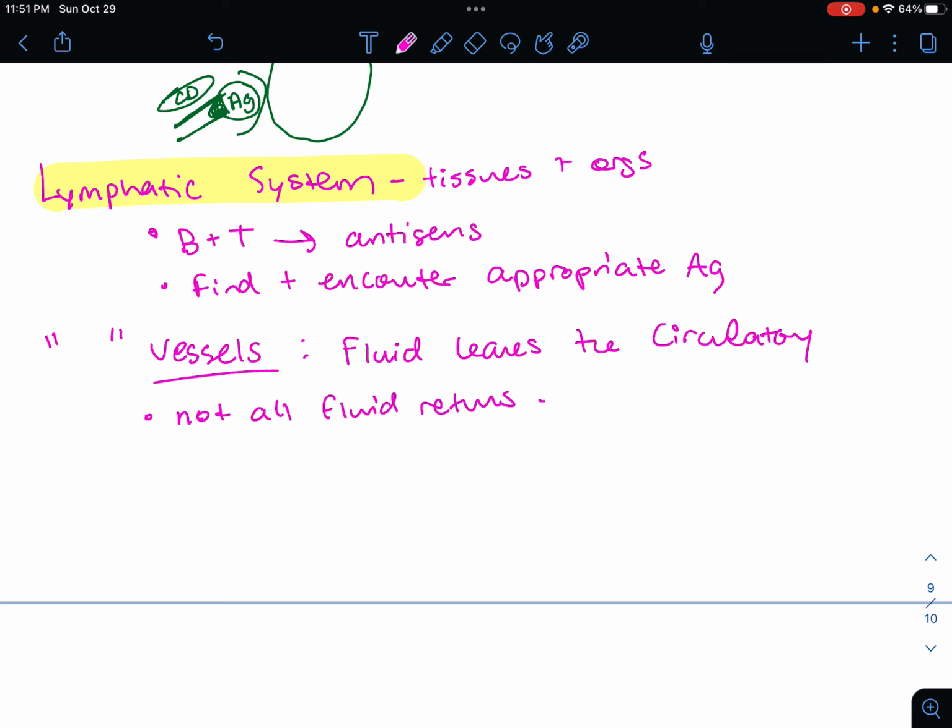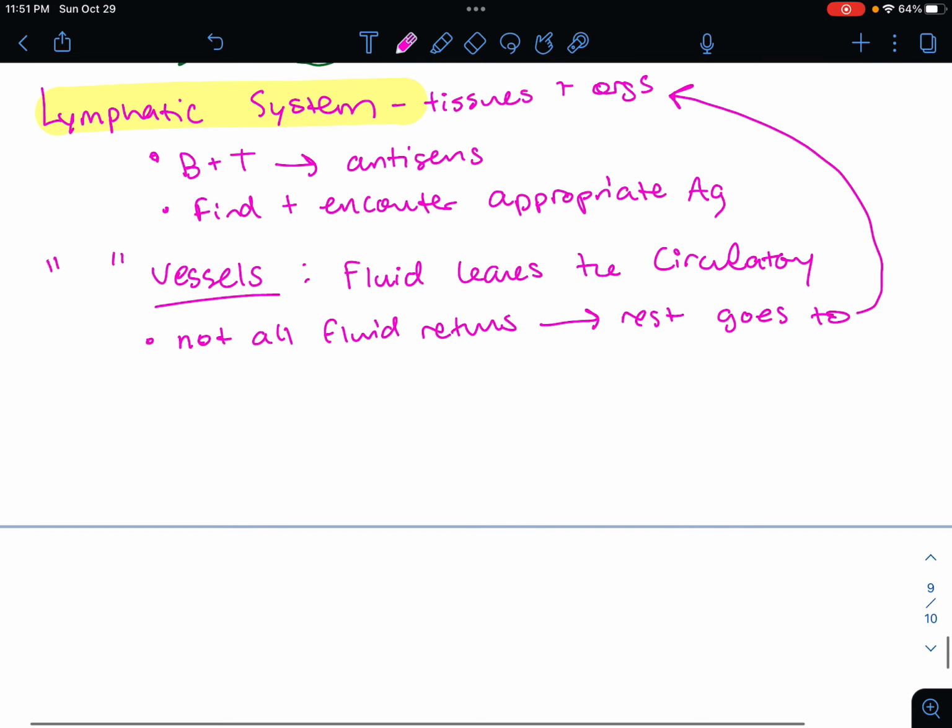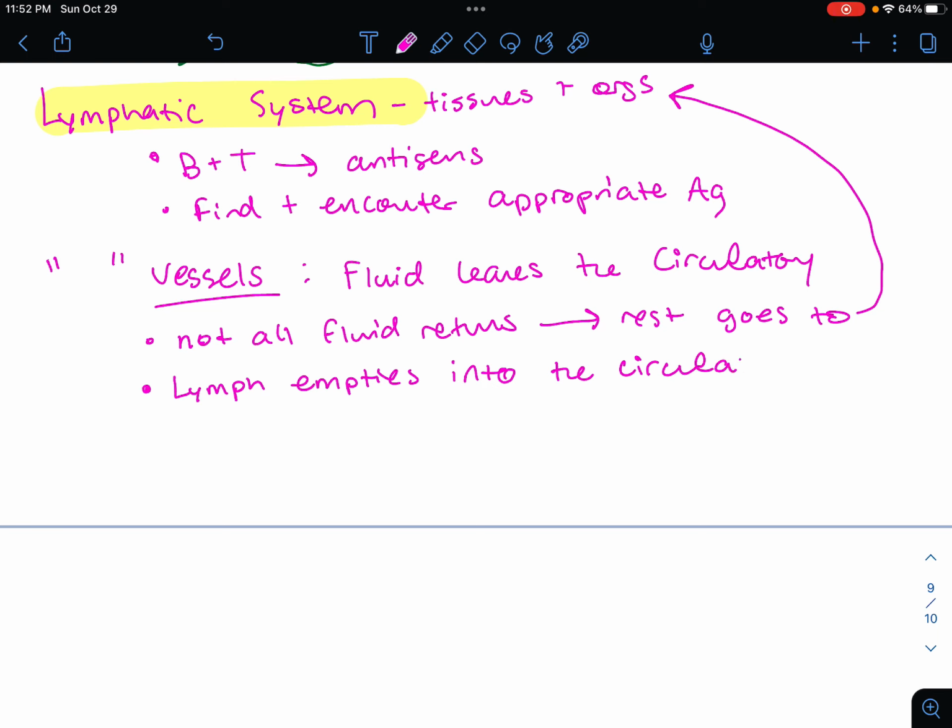And then the rest of it goes to the lymphatic tissues and organs. Therefore, the lymph actually empties into the circulatory. So you'll have some of these tissues, and then, near the capillary, the excess tissue fluid will become lymph, and it's going to go to the lymphatic vessels.